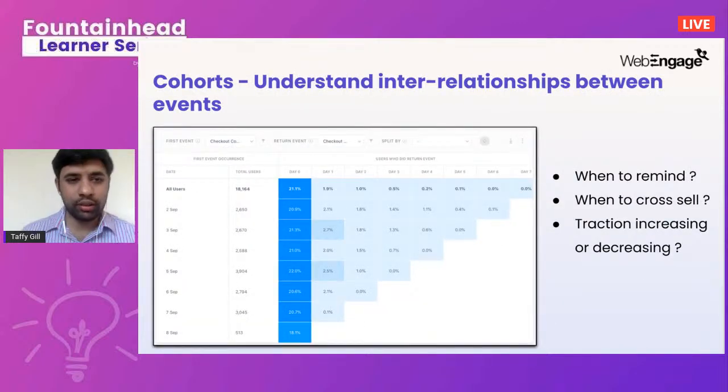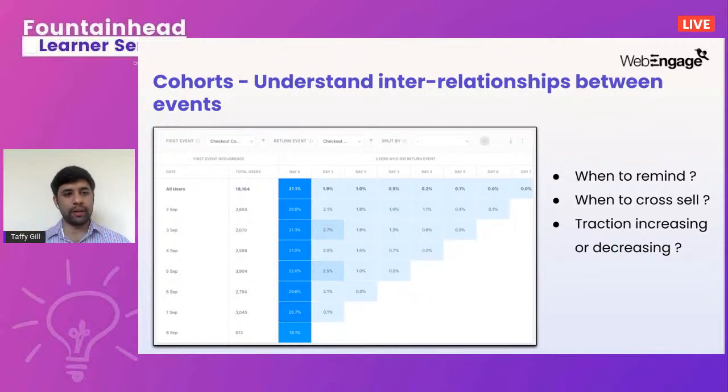The next analytics tool that we offer is cohorts. So if there are questions like, when do I send a replenishment reminder to the user, when do I cross sell, or even if you were to just gather whether the welcome series is yielding good dividends or not, cohorts can be used. In the cohorts functionality, you are simply able to draw interrelationships between two relevant events.